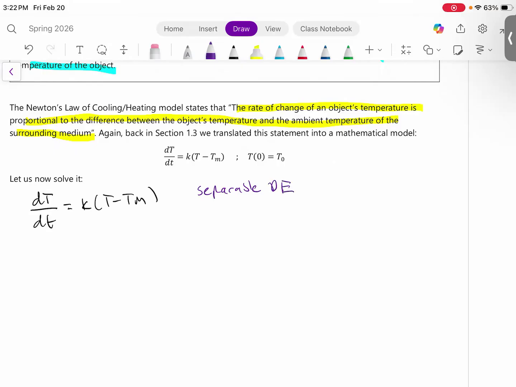So I can move some terms over and isolate the variables. So what we're going to do is switch these up a bit. We're going to divide by T minus T sub m over to the left, and multiply by dt on the right-hand side. So this would be k times dt.